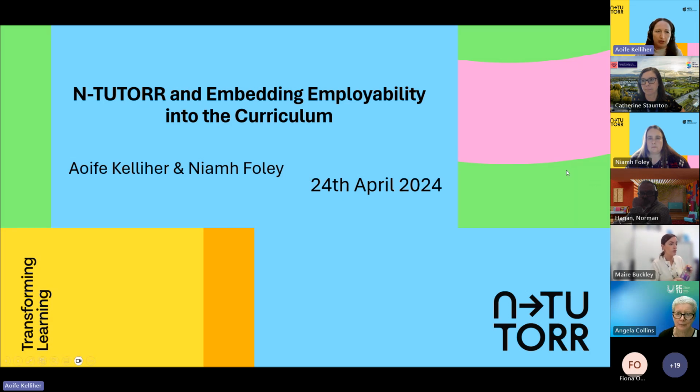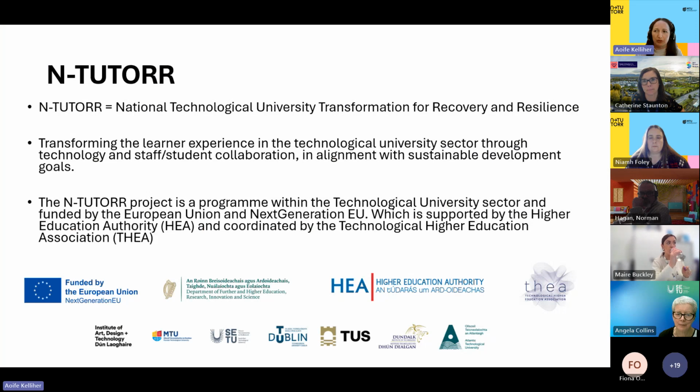So as we're looking at NTutor, it's the National Technological University Transformation for Recovery and Resilience. It's a project that's been EU funded, so the funding has come from outside Ireland, but it was specifically in response to COVID, looking at the benefits we can take from that, and how we transformed so quickly in such a short time period, using that as an opportunity to transform how we look at going forward.